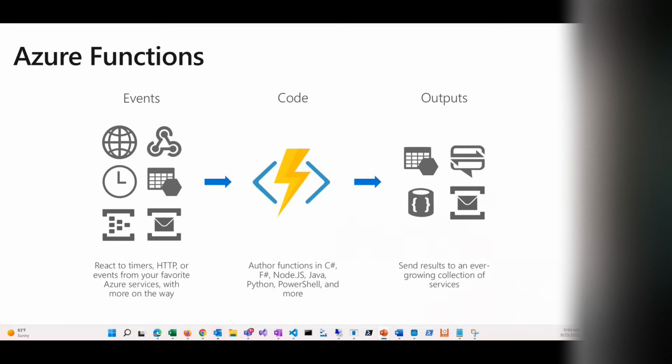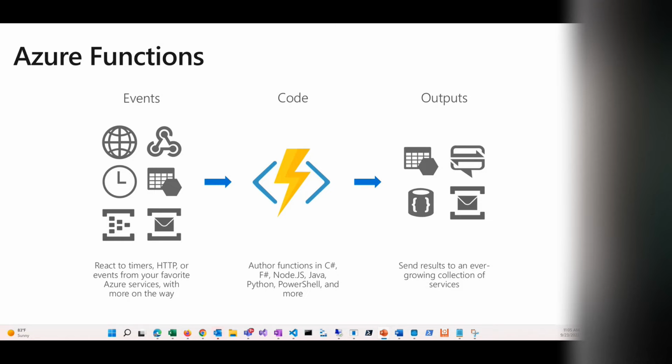It starts with an event, which can be an HTTP call or a file dropped in a storage account, which triggers the function, a piece of code that is executed, and then outputs data, like writing to a database or putting a message in a service bus queue. So you have events or triggers, you have code that is executed, and then you have outputs.